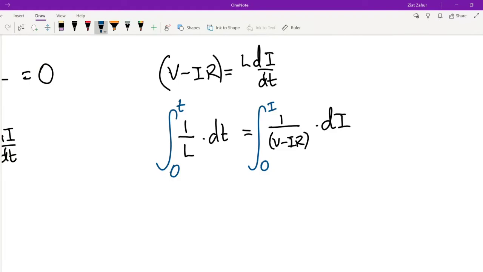So on the left side we have t over L, from 0 to t, that's just going to give you t.